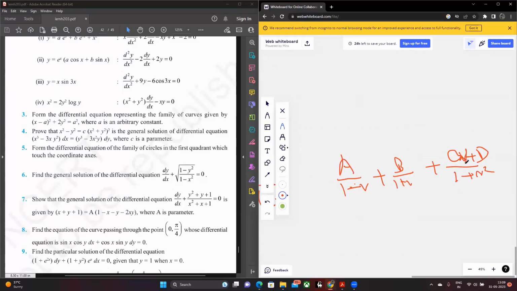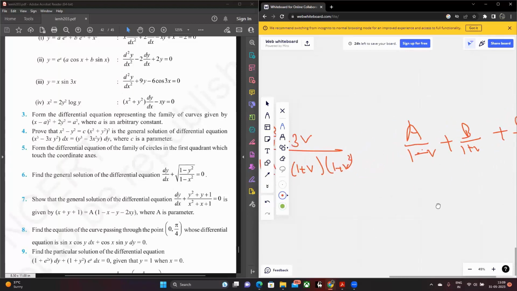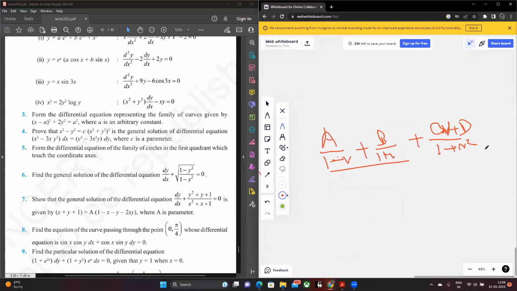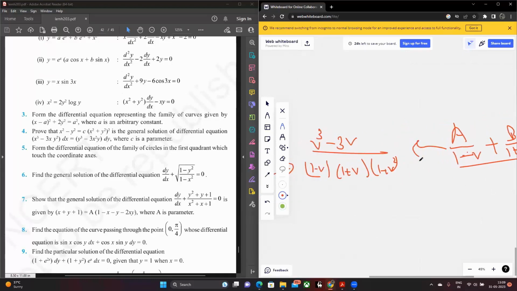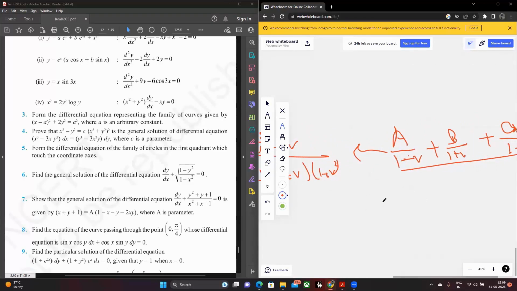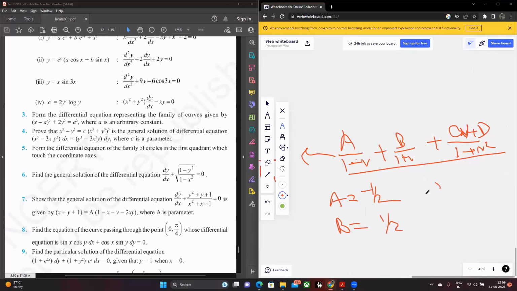Do all the substitutions to match this form, and you're going to finally end up with a being minus half, b being plus half, and c and d being 2 and 0 respectively.